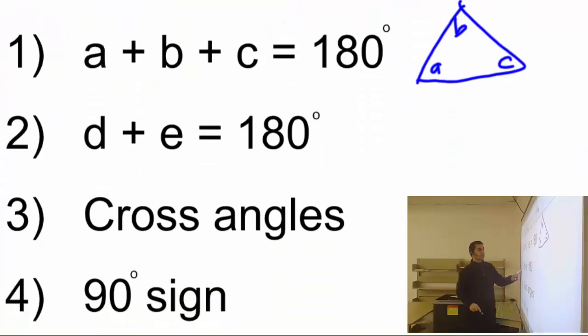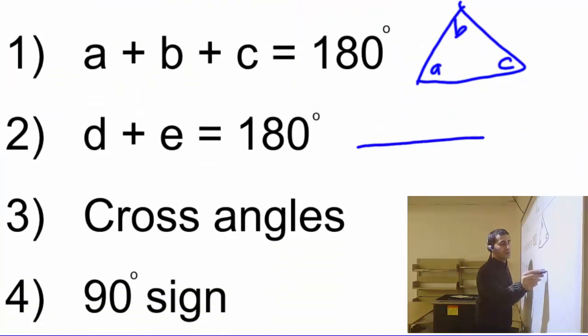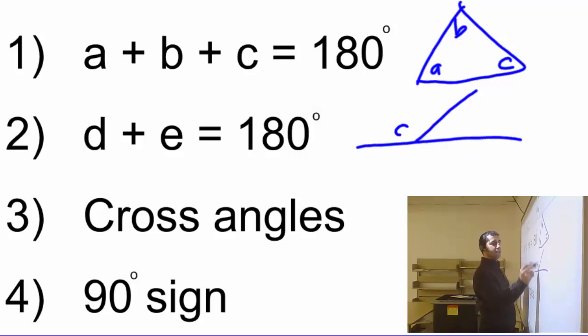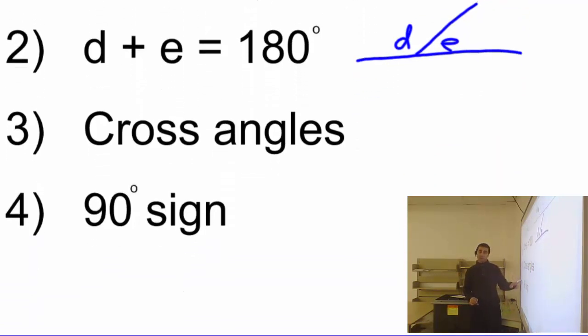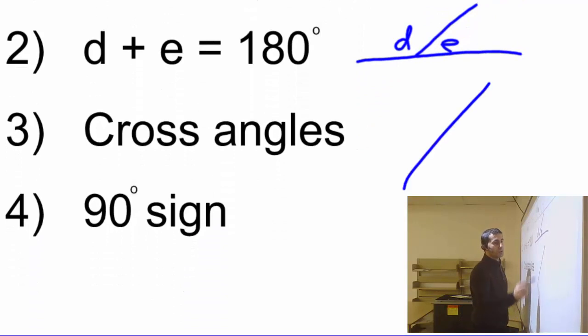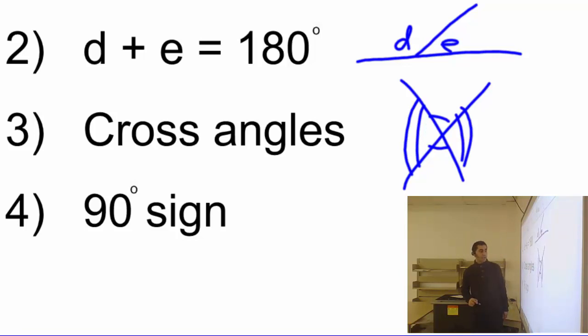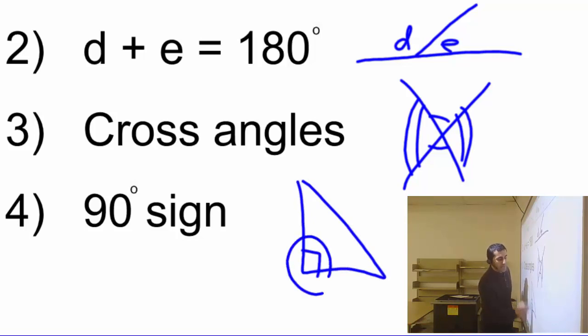Rule number two, when you have two lines, if this is D, if this is A, so you know together they are 180. Number three, cross lines, this and that is equal, this and that also equal. Number four, 90-degree sign. That means 90 degrees. This is all you need to know.